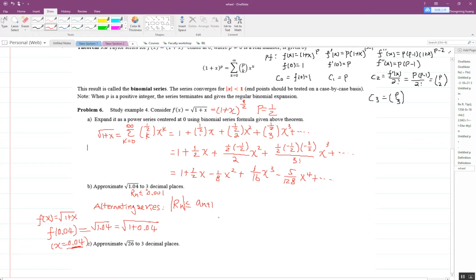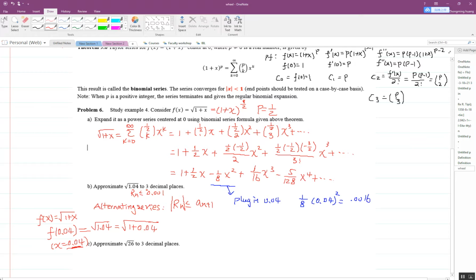So let's do trial and error here, because this is an alternating series. It's fairly easy to trial and error in this particular case. I'm going to take a look at this term. If you plug in 0.04, let's see what we get. 1/8 times 0.04 squared, which is 0.00, how many zeros?